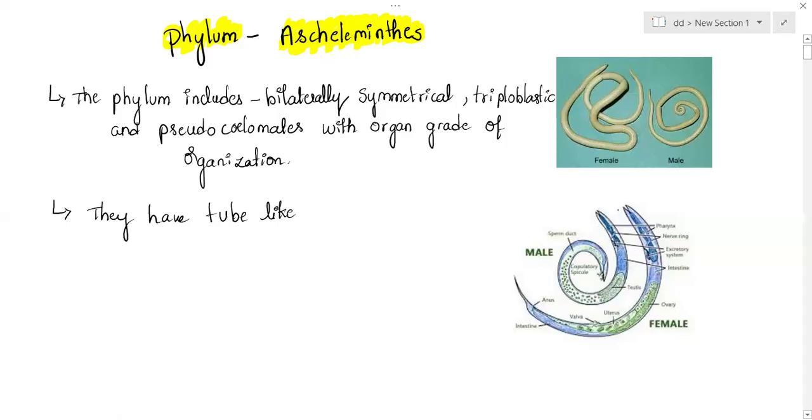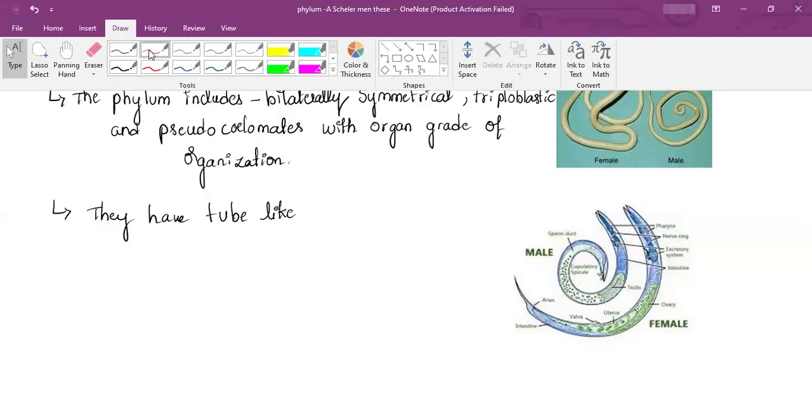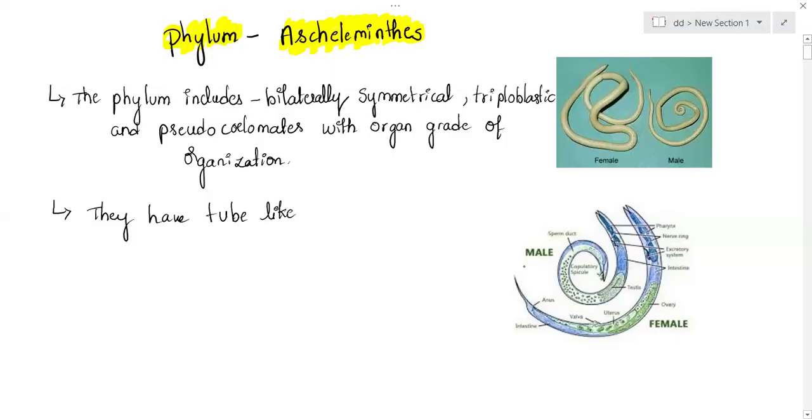Could you see here? For example, I'll show you here. Here, the tube-like, can you see? The tubular structure is within the body also.